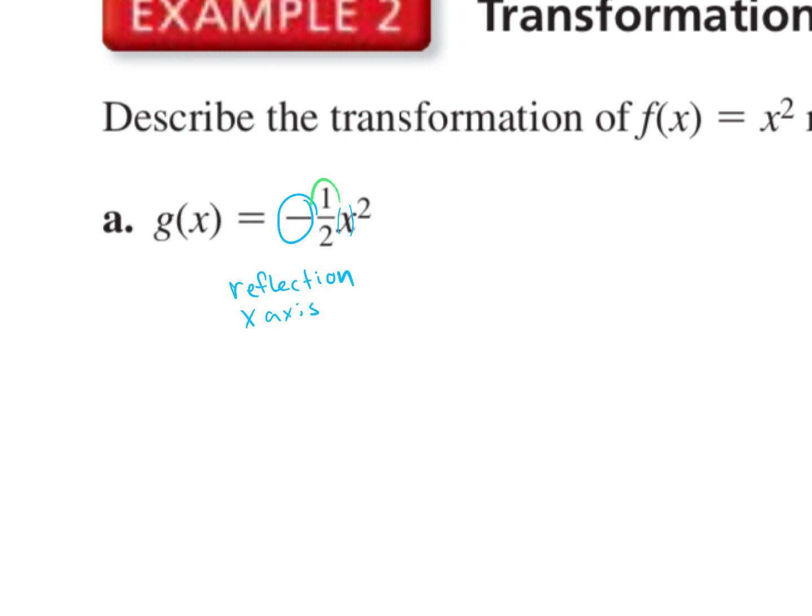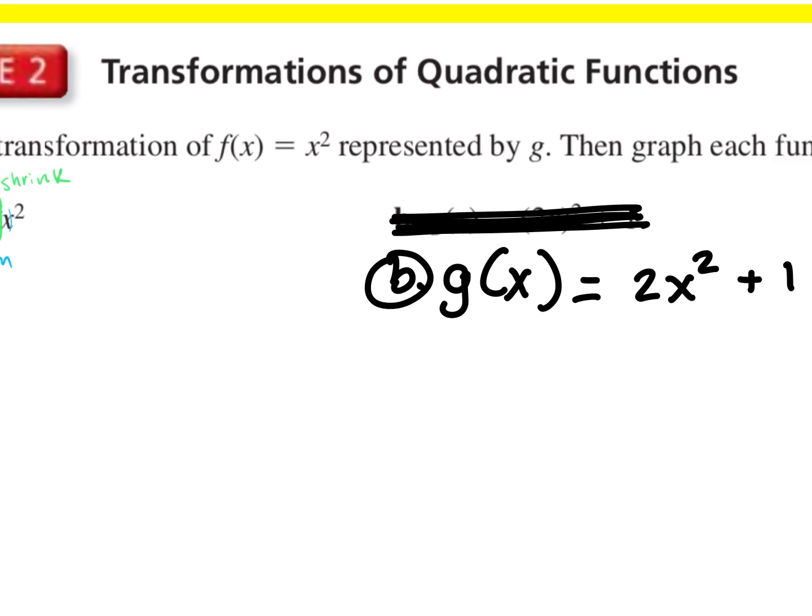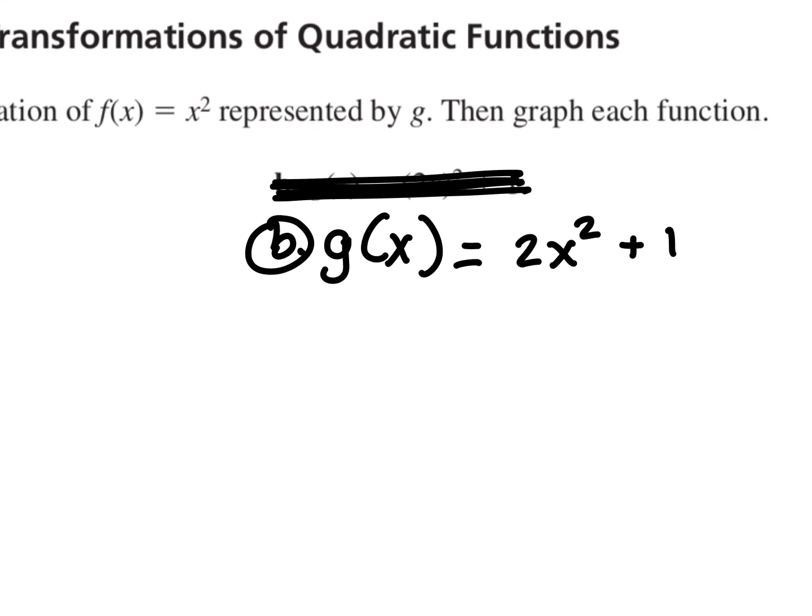Then when I multiply by 1/2, since 1/2 is less than 1, that would be a shrink. Now let's look at B. Multiplying my x by 2, since 2 is greater than 1, that is a stretch. And then when I'm adding 1, this 1 is not inside parentheses, it's on the outside, so that means I'm going up 1 unit.